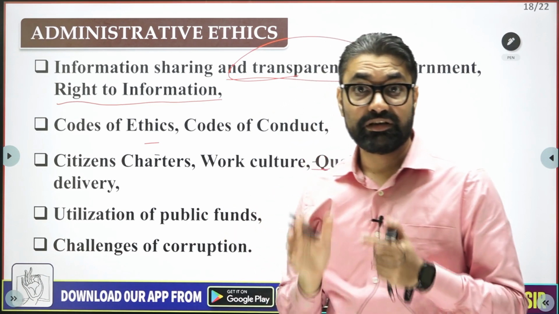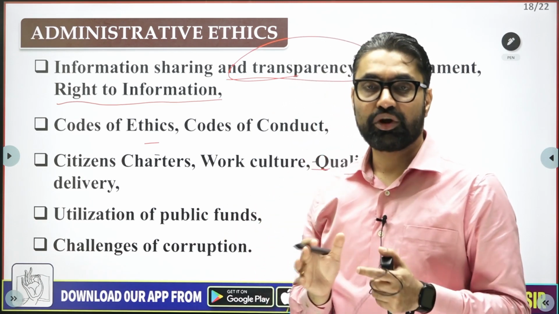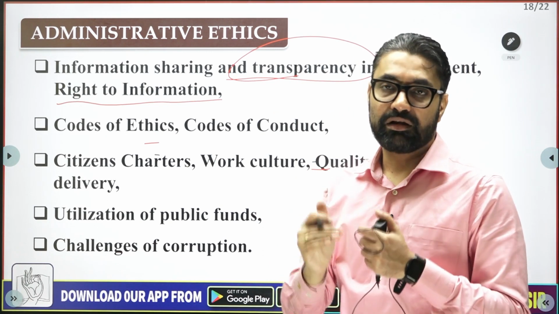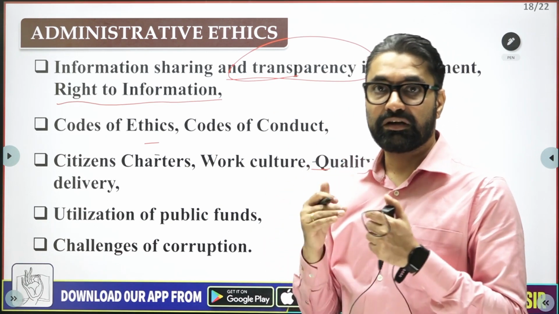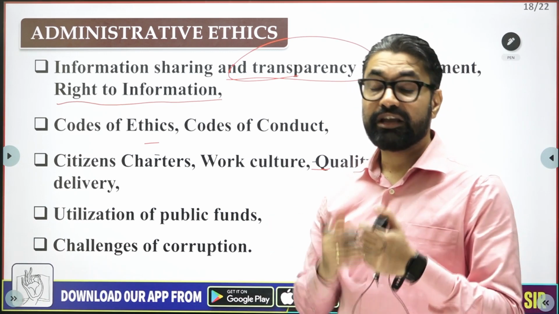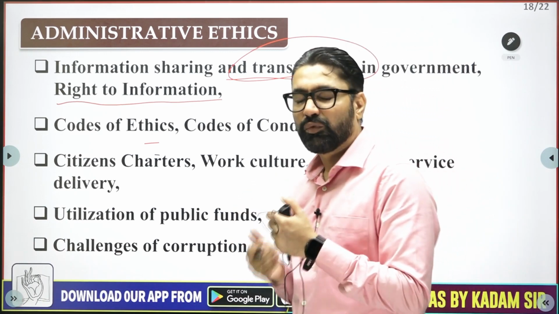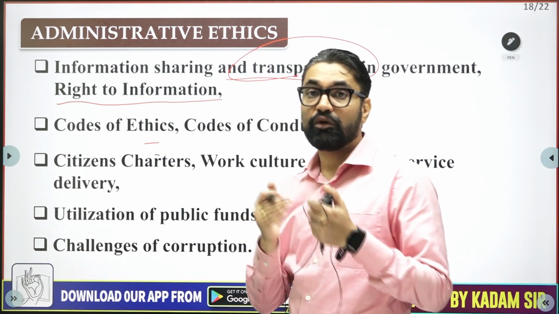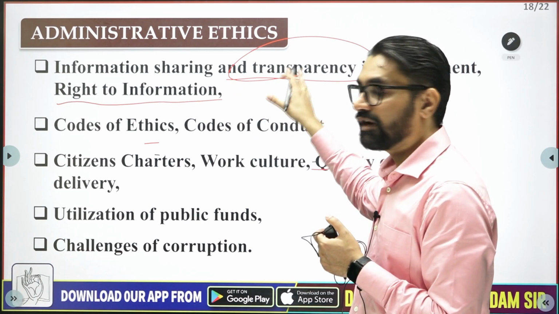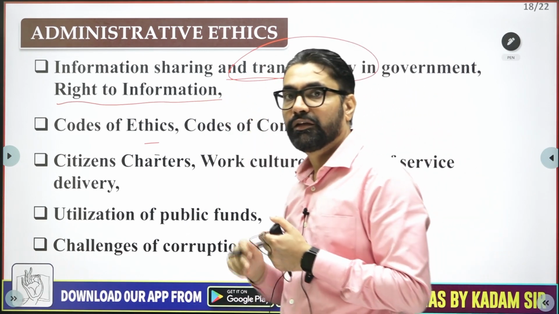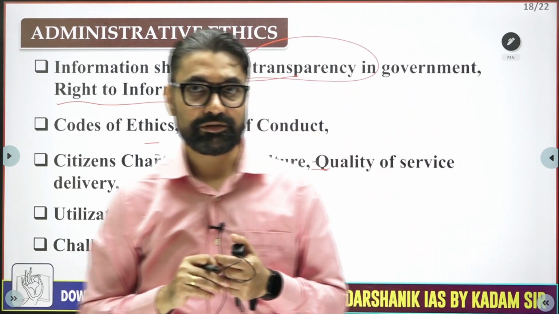So we'll discuss why we need this openness and transparency, information sharing, and how it improves governance, how it leads to good governance, etc. And what are the problems with the current Right to Information Act, how we can improve that. Okay, then what are other acts like Whistleblower Protection Act, Official Secrets Act that deal with this information sharing transparency issue. We will discuss them in detail under this segment.